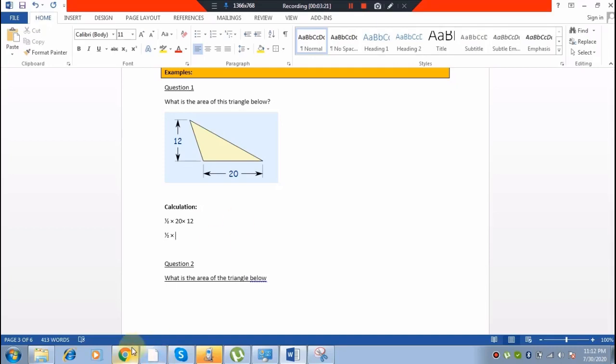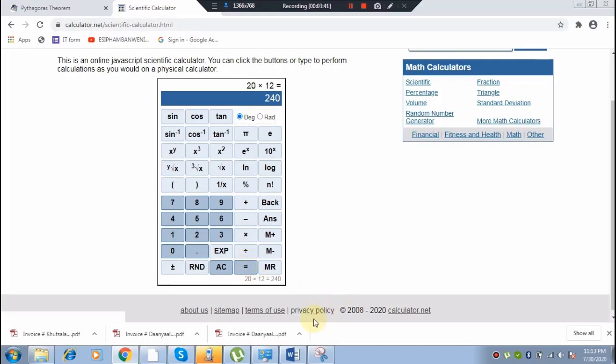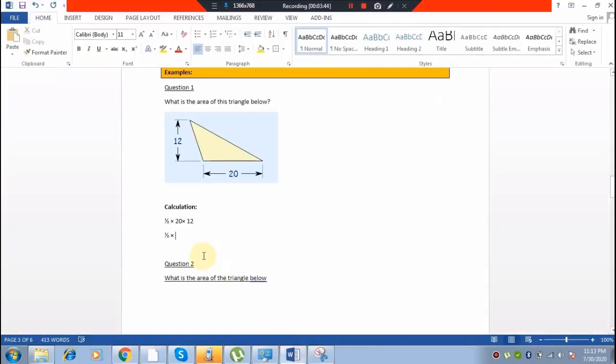First I'm going to calculate 20 times 12, which is 240. First of all, multiply this times that, then take half of that.